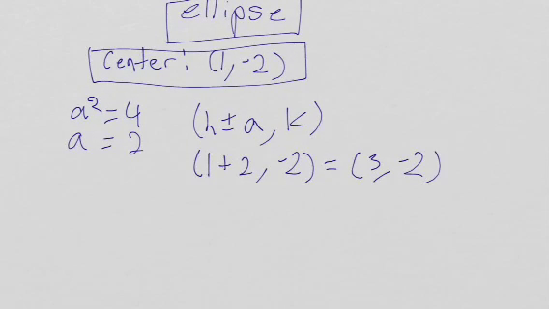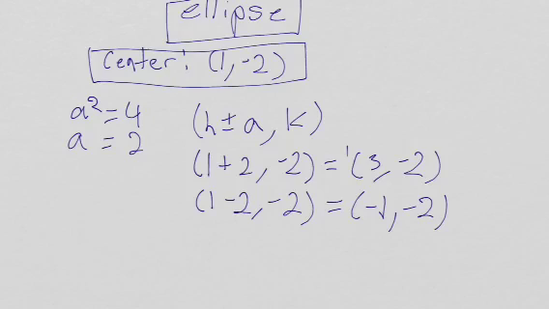And then we'll also get 1 minus 2 comma negative 2, which will give us negative 1 comma negative 2. And then these are our vertices.